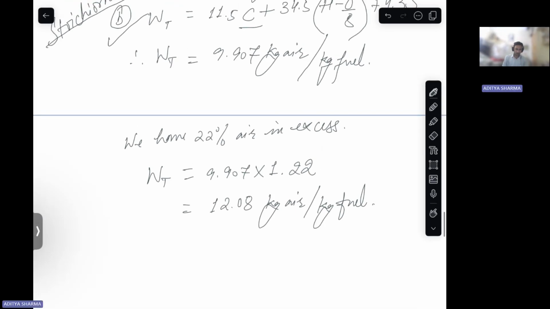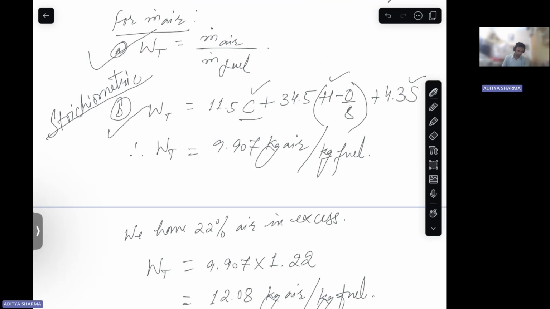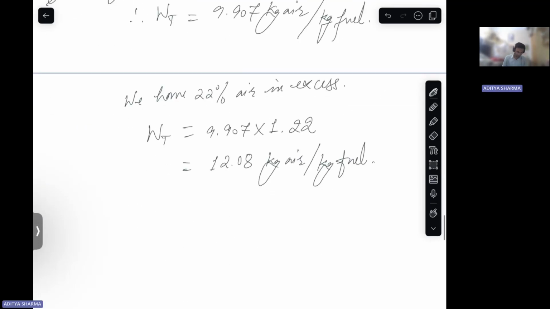Now coal we have written, right? So now using this A, Wt equals mass flow rate of air by mass flow rate of fuel. Air we have to find out, Wt we have, sorry, right? So this is 12.08. So for fuel, this is 9200 kg per hour, right?